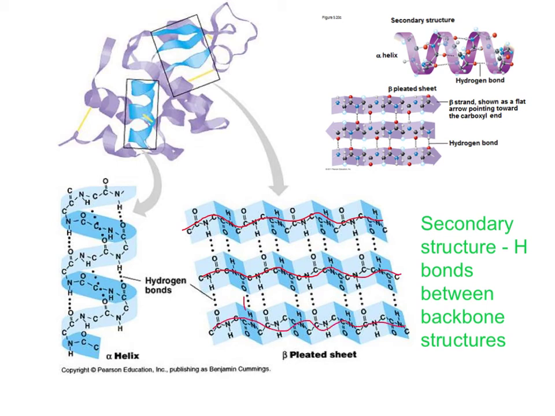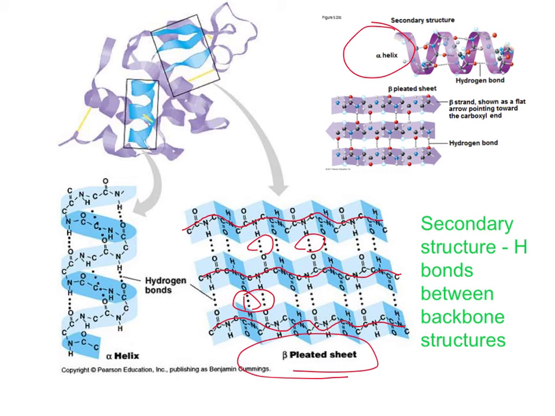And so these hydrogen bonds forming between these backbone structures are going to start twisting that protein a little bit. They can twist it either into a helix, which would be called our alpha helix, or into what's called the beta pleated sheet, which looks like when you make a fan out of paper and you keep folding it back and forth to make that fan, that's what your beta pleated sheet will look like.